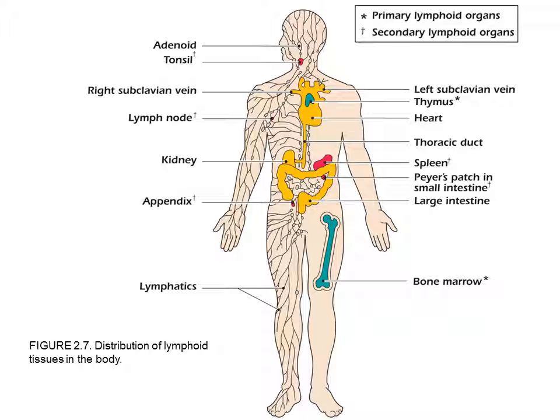So all the lymph in the body coming from each and every organ of your body, skin, that includes skin as well, breast, you name it, you can see lymphatics all coming over there, and they basically drain into a structure that you can visibly see. This is called thoracic duct.